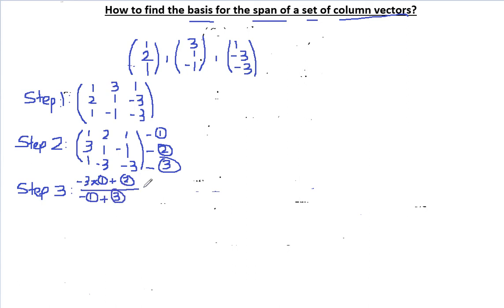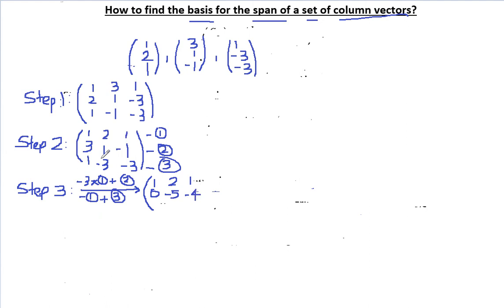So what do we get first? Our first row is constant, 1, 2, 1. Now the second row: minus 3 times 1 equals minus 3, minus 3 plus 3 equals 0. Minus 3 times 2 equals minus 6, minus 6 plus 1 equals minus 5. Minus 3 times minus 1 equals 3, 3 minus 1 equals 4, hmm, giving minus 4.